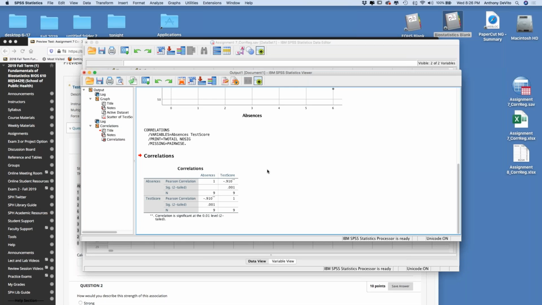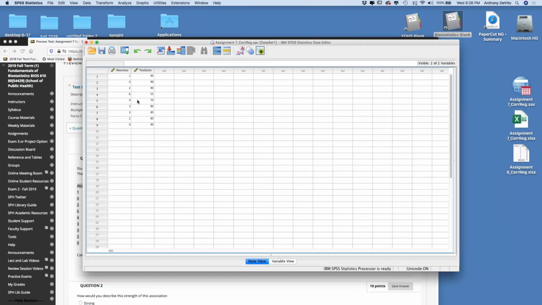So now the next step I can take is I want to better define what this association is all about. I'm looking at this and I say to myself, it's nice for me to show that there's an association between absences and test scores. But I want to quantify this association.